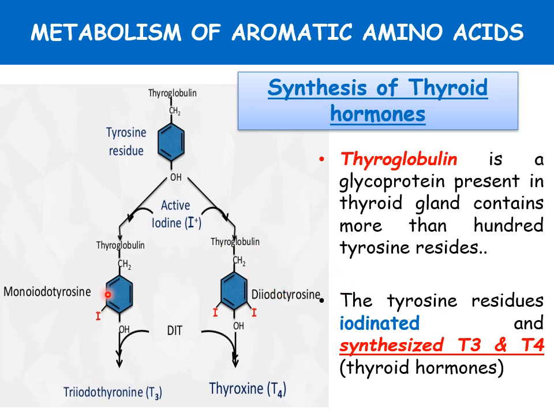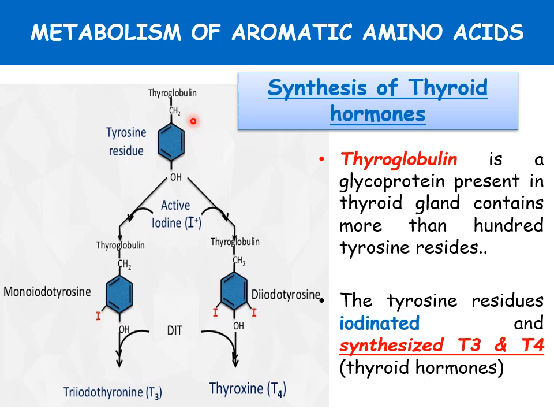By combining mono and di, it forms T3, triiodothyronine, or two molecules of diiodotyrosine join to form thyroxine. So this is how thyroid hormones are synthesized.